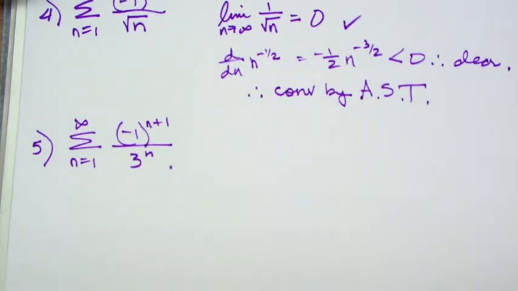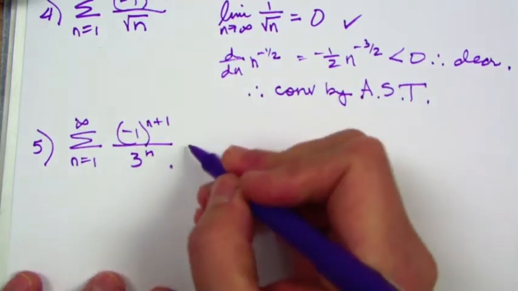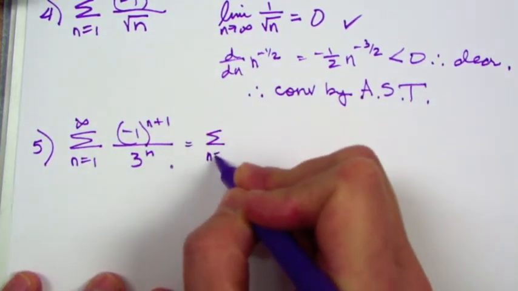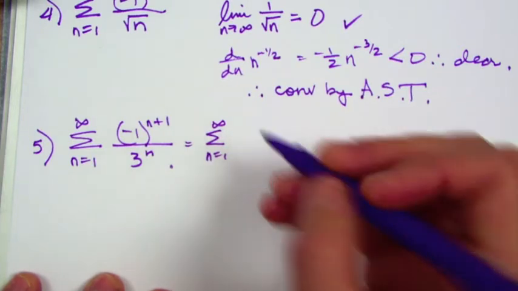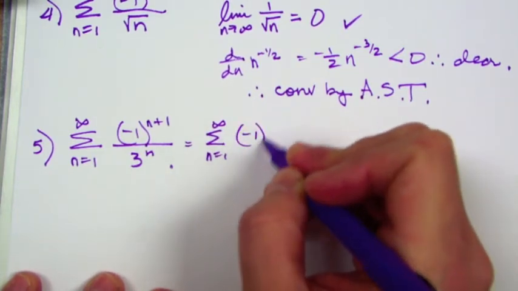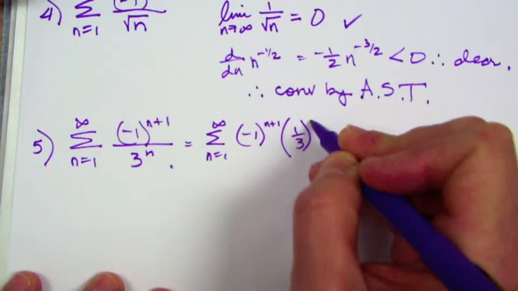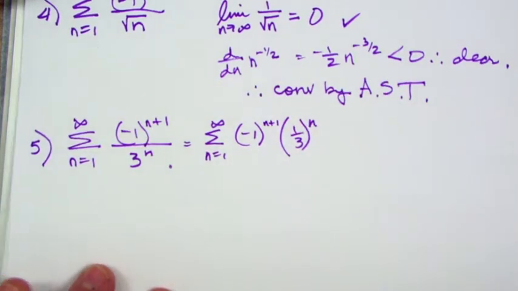Okay, so what do we? You might want to rewrite it. Yeah, right? So it's like negative 1 times 1 over 3 to the n. You don't have to rewrite it that way, but for some people it's just easier to see it.